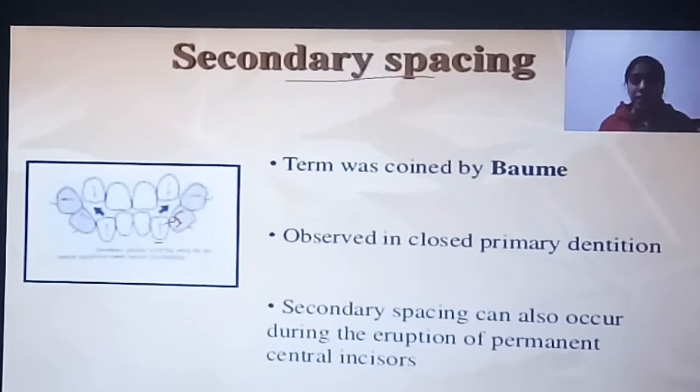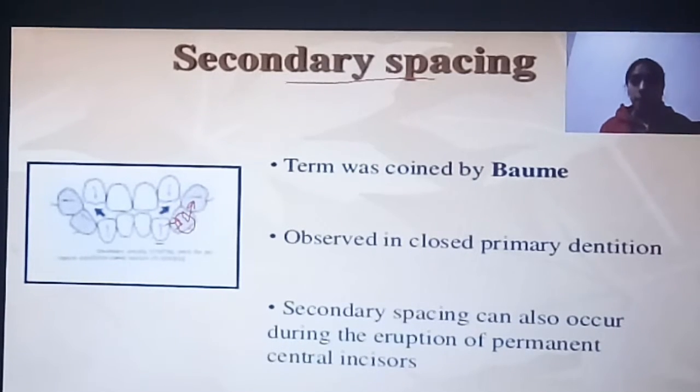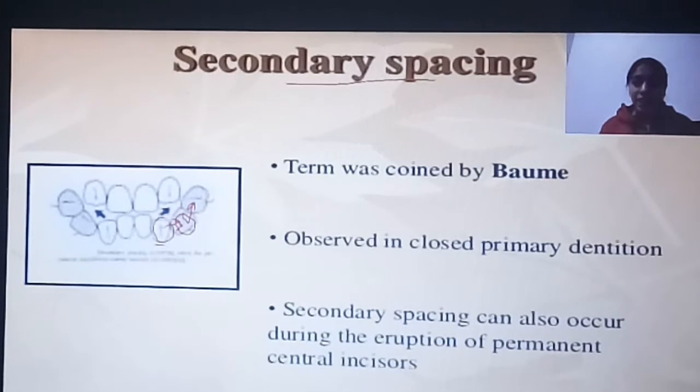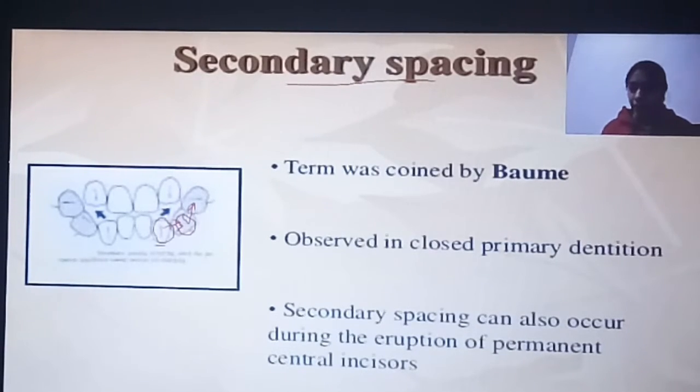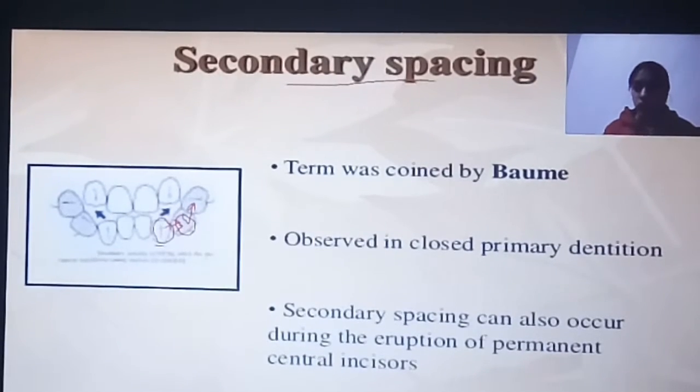And due to this distal pushing of the canine, it also pushes the upper canine distally, bucco-distally. So whenever there is the eruption of the lower lateral incisor, first of all it pushes the lower deciduous canine bucco-distally, and due to that distobuccal rotation, it pushes the upper canine also.